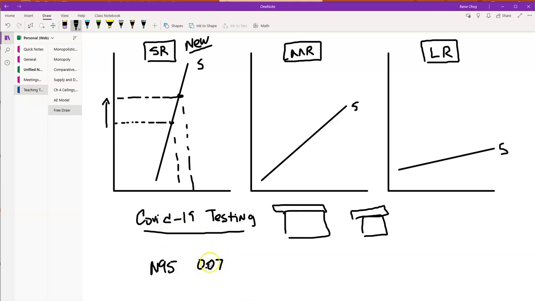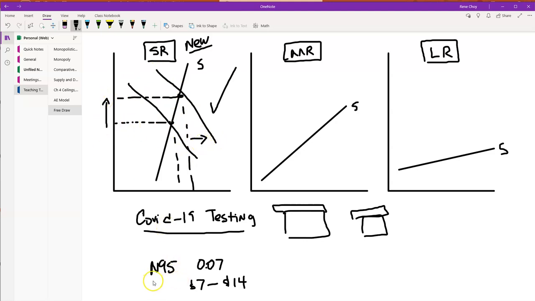And a month after the whole thing started, they're selling for $7 to $14 each. Why is that? Well, because we cannot produce more very quickly in the short run. So the more and more people demand it, the higher and higher the price goes very quickly.